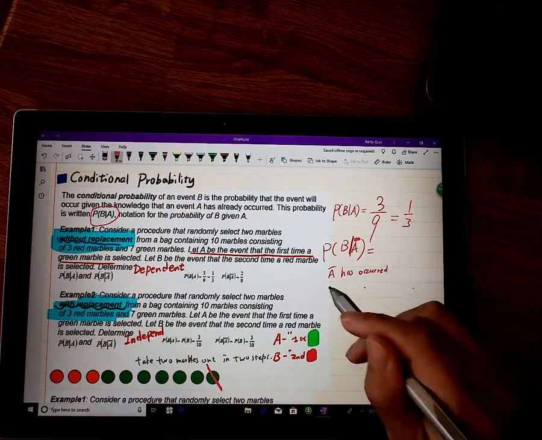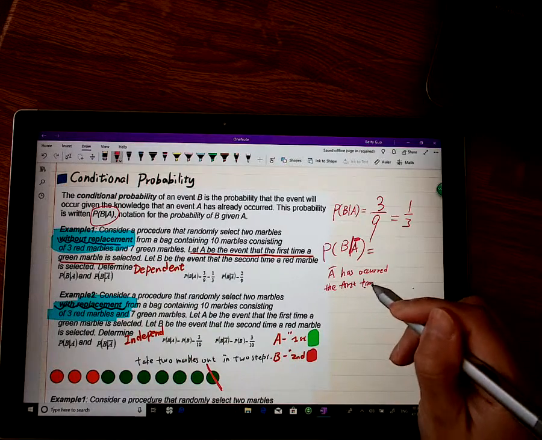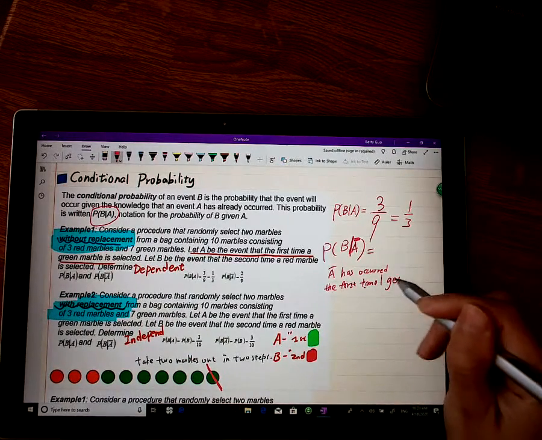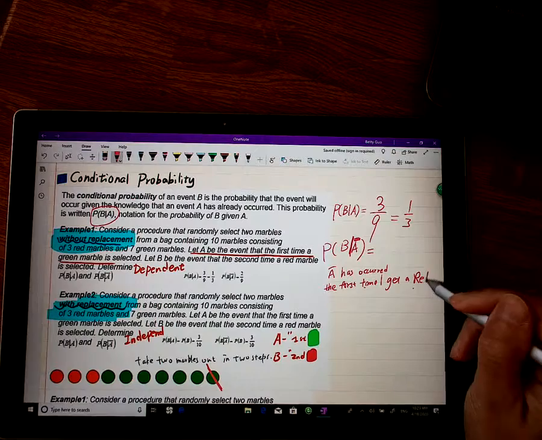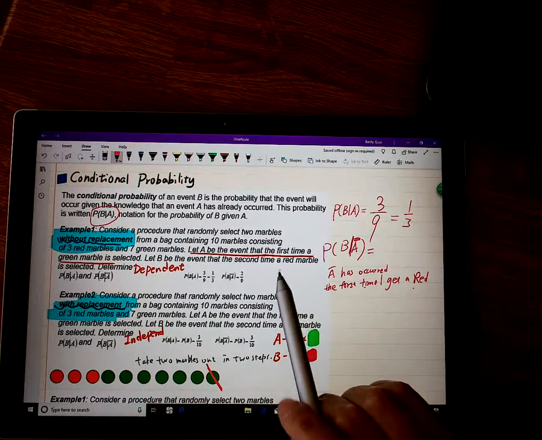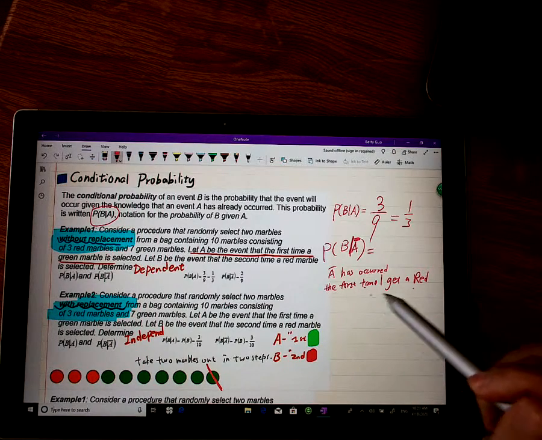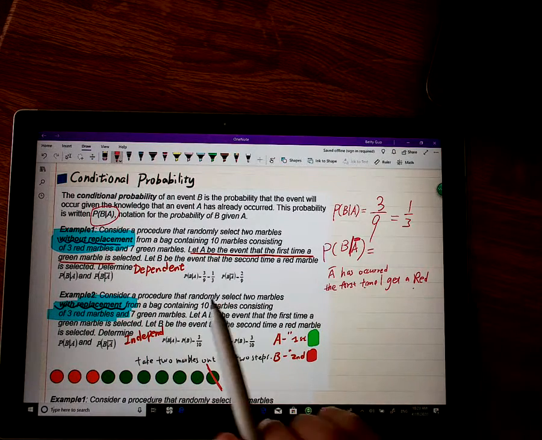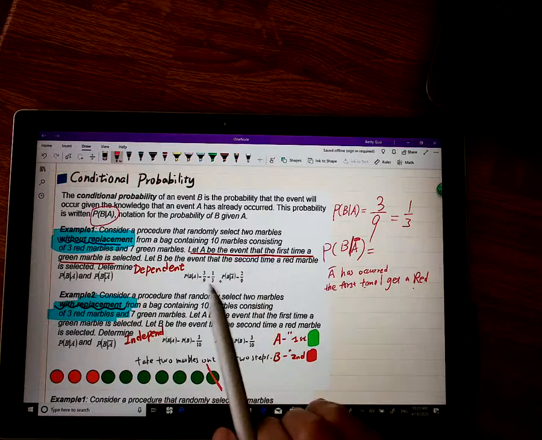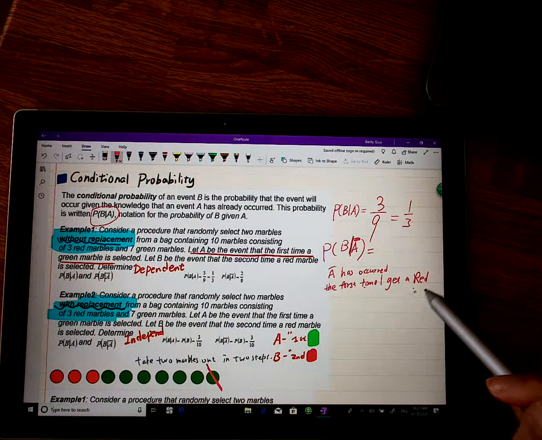What does that mean? A represents the first time you get a green marble, right? Then A bar would be the first time you get a red marble.